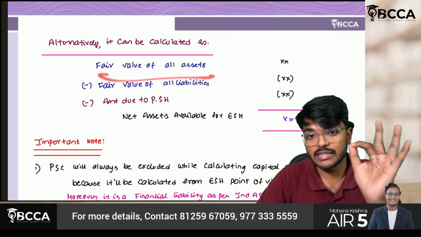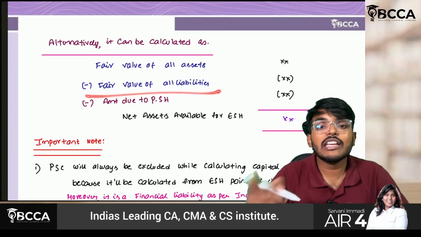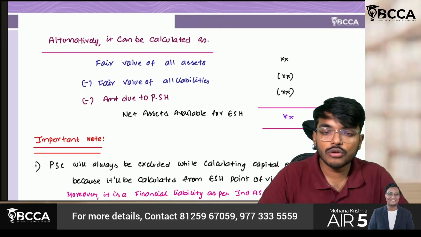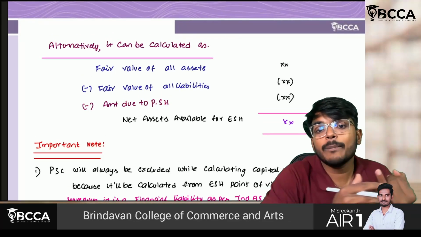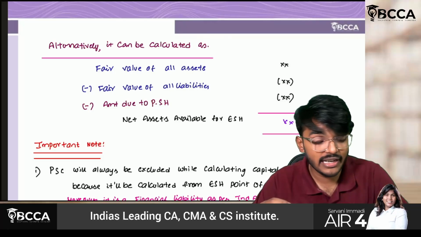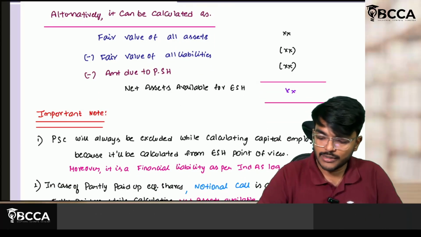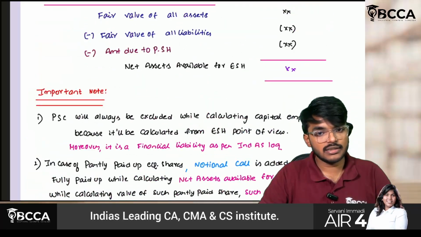Take fair value of all assets, but this time take goodwill, take non-trade investments. From that, deduct all liabilities. If preference share capital is also specifically there, whatever the amount due to them, that also you have to deduct. So this includes preference share capital also, and preference shareholders' dividend if any is payable. That also should be excluded. Then you will get net assets available for equity shareholders.